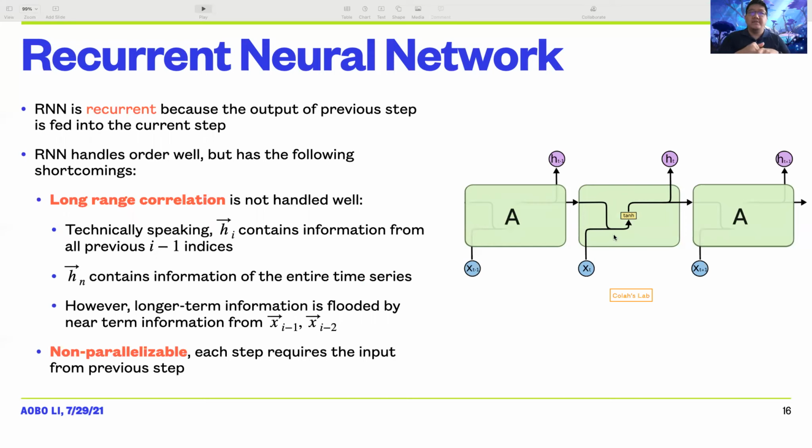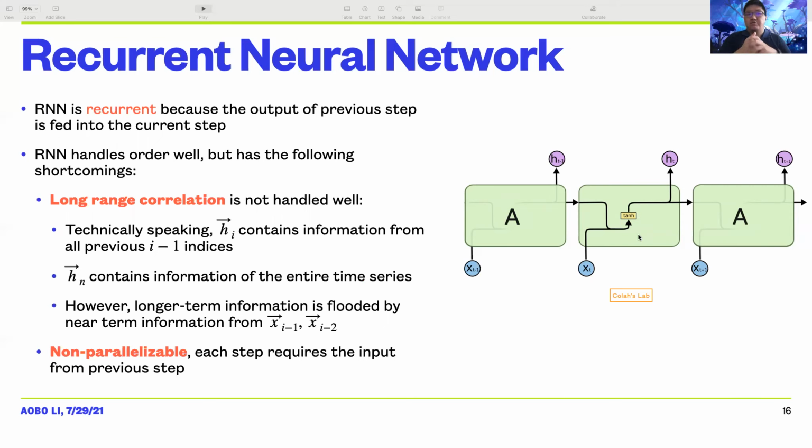So RNN handles order information well because it's going through the entire time series in order, but it has the following shortcomings. First of all, long-range correlation is not handled very well. Technically speaking, h_i should contain information from all the previous i-1 indices, and h_n would contain the information from the entire time series.